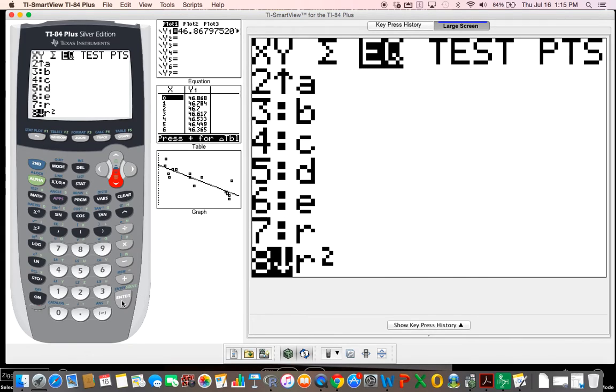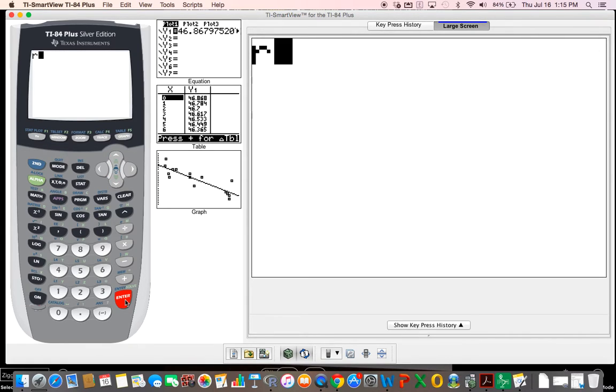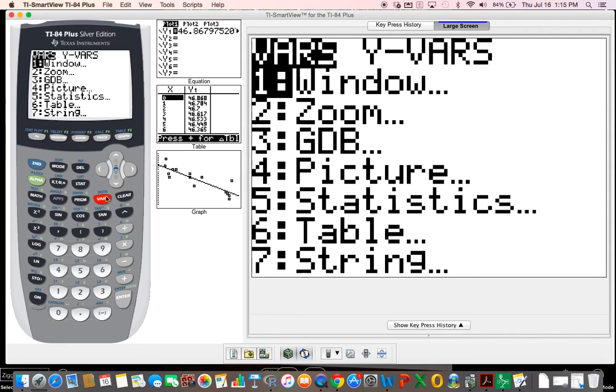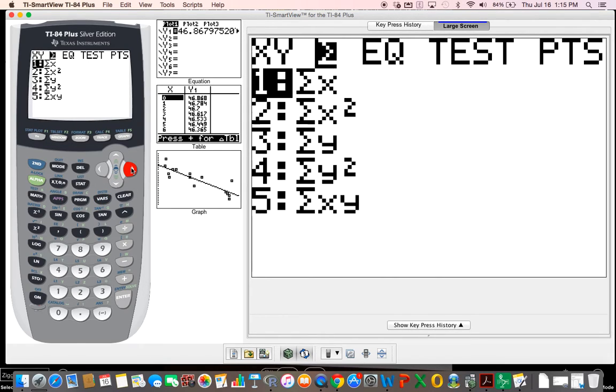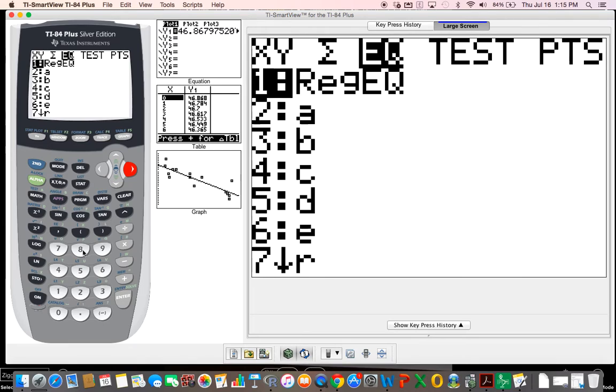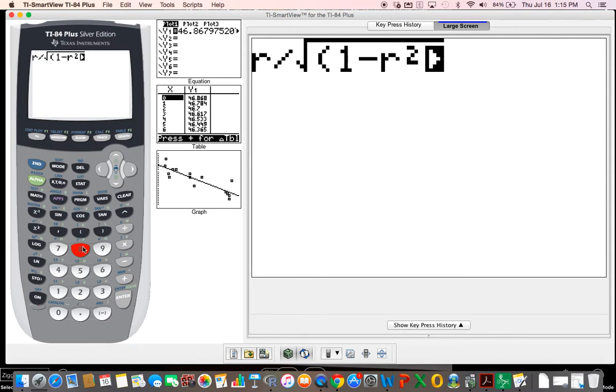So we could go R divided by the square root of 1 minus, so let's go back, I think this was number 8, divided by 13.